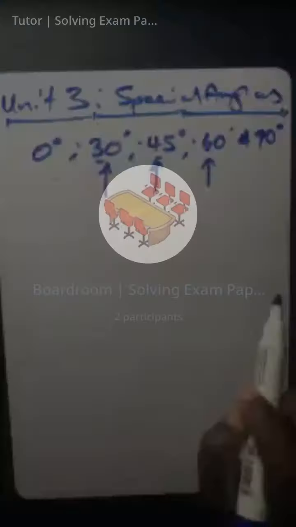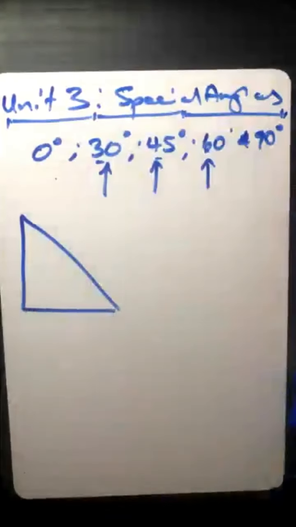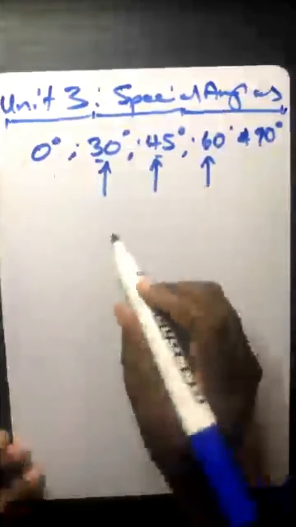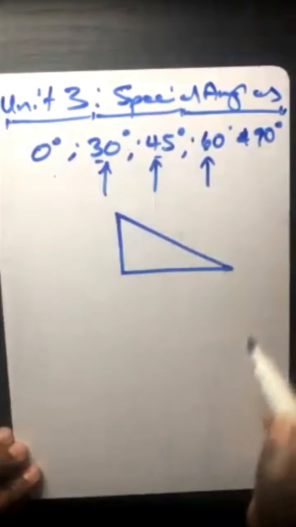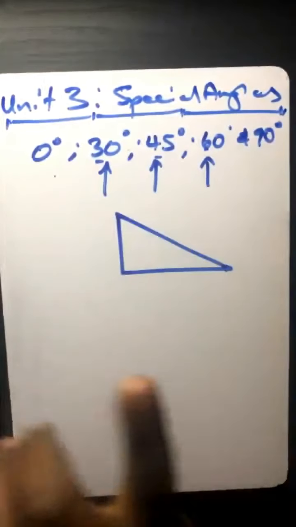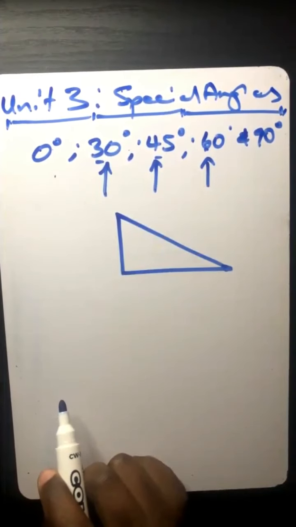So now we can represent these special angles in the form of a triangle. Let's see. We have a triangle. Let me just draw it there to say we have one triangle representing one special angle.